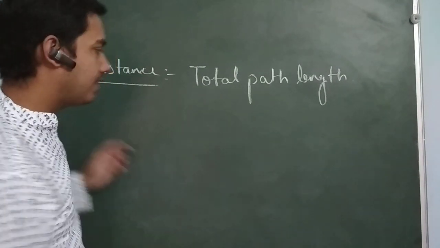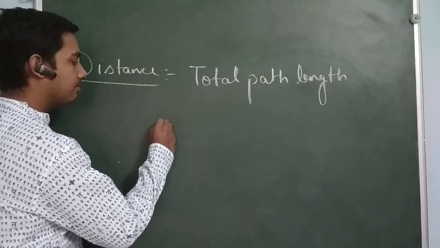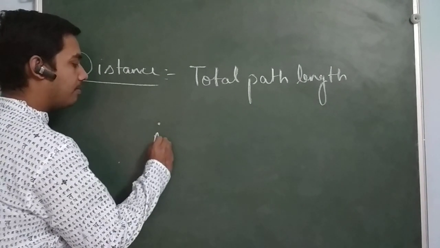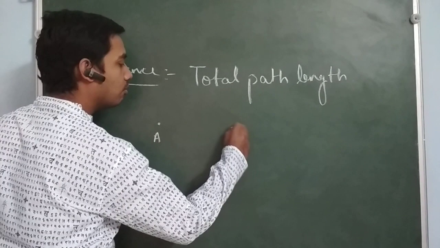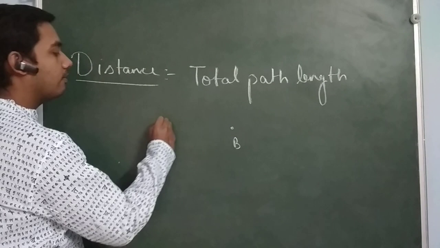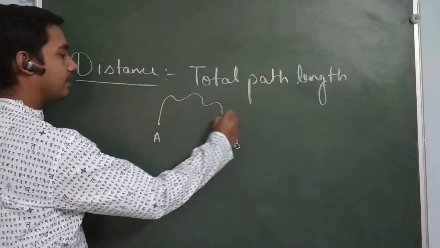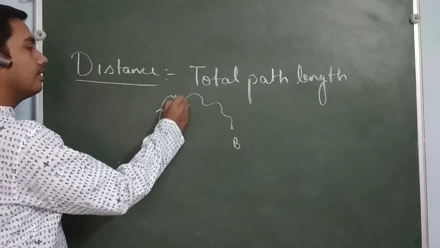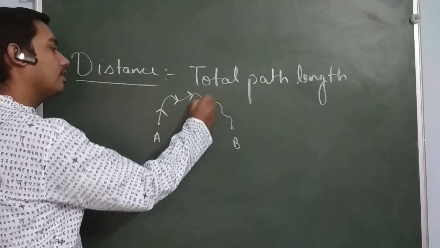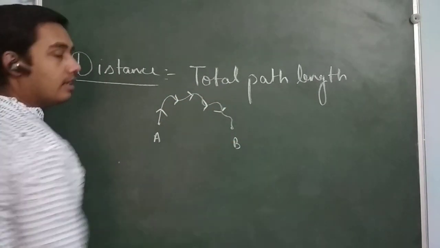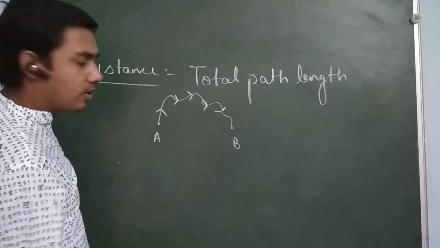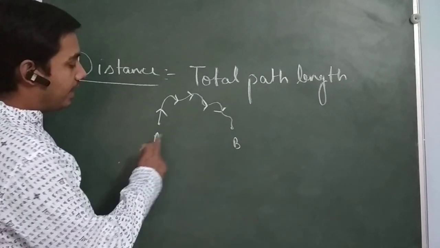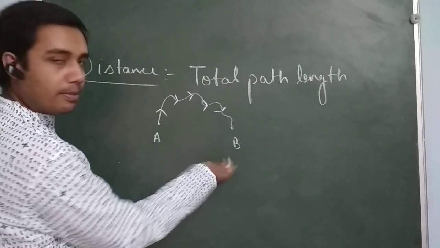Now, to be very precise, just take a simple example. I am traveling from point A to point B. The path from A to B is like a zigzag. Somebody is asking me, what is the distance covered by you while moving from point A to point B?